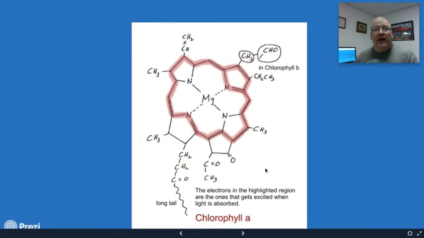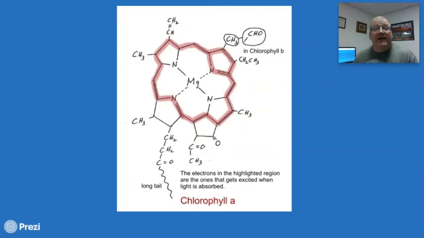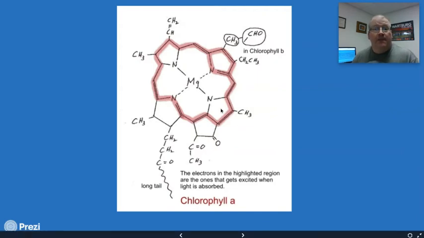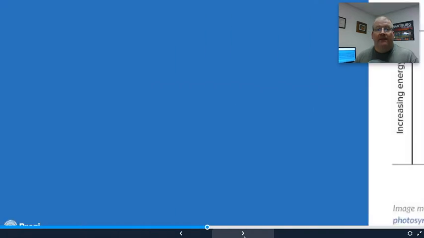Here is chlorophyll A. And highlighted here are the portions of chlorophyll that are affected by photons of light. Okay, so electrons in this area of chlorophyll can be boosted. Okay? What does that mean exactly?